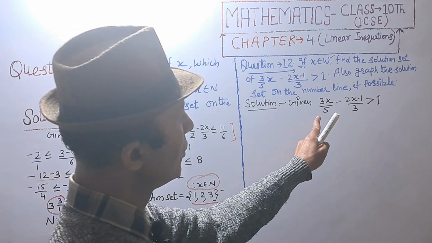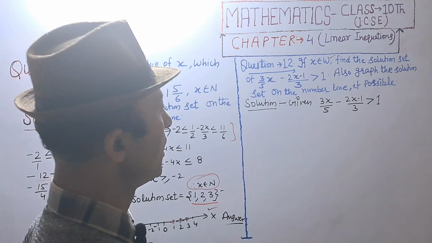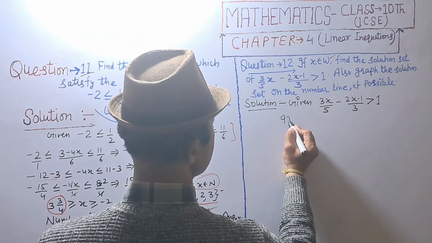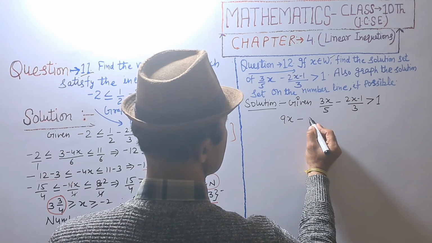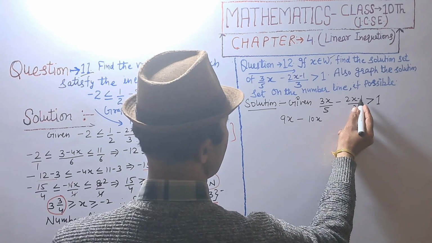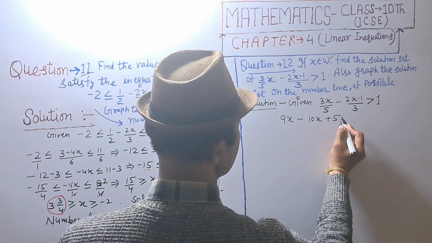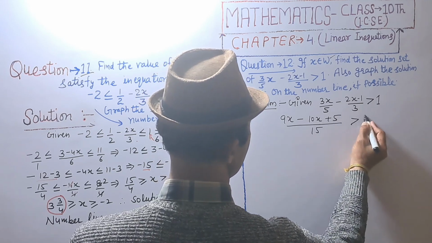The LCM of 5 and 3 is 15. 3 multiplied by 3x is 9x, minus 5 multiplied by 2x, that is 10x, and 5 multiplied by 1 is 5, and minus minus will be positive 5, divided by 15 greater than 1.